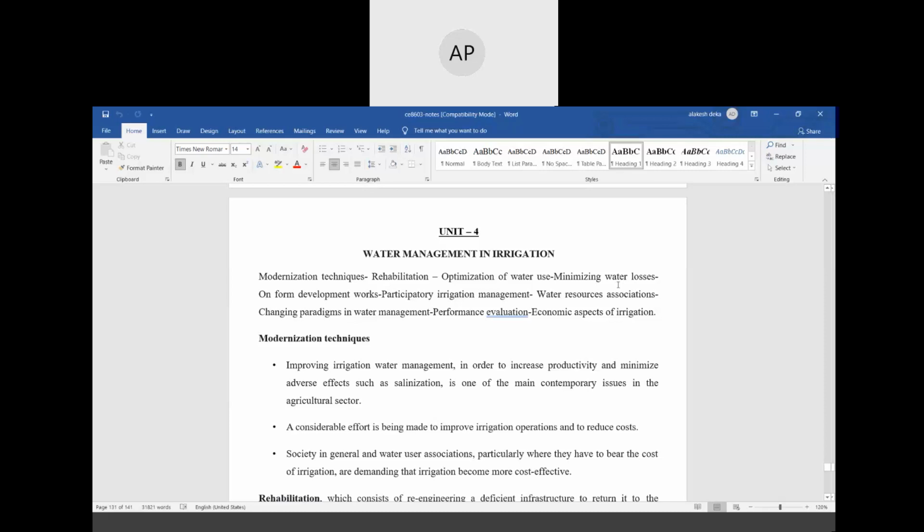How water is lost from an unlined canal, and how it can be prevented using lining of a canal. Then command area development works, participatory irrigation management, water resources associations, changing paradigms in water management, performance evaluation, and economic aspects of irrigation.